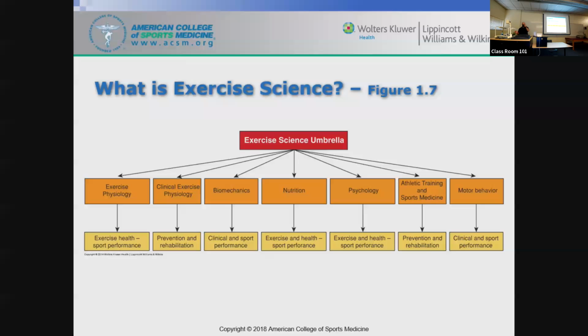Short review from Friday. Exercise science is an umbrella term, and we went through the subfields and a little bit of specifics about what they entail, or at least general ideas. Some of these fields are going to have even more fields underneath them and other specialties.